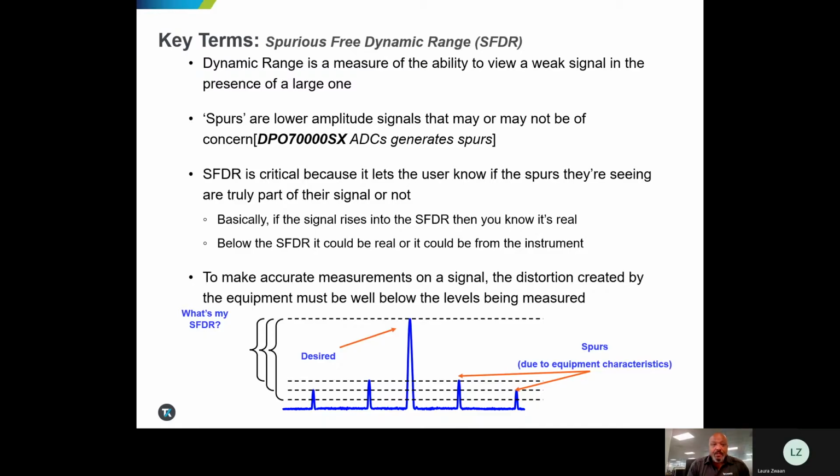So again, trade space between bandwidth, spurious free dynamic range, whether or not your measurement of time domain is important in terms of rise and fall time versus just looking at the random processes that are related to radio communications around a fixed support frequency if you're doing frequency domain measurements.